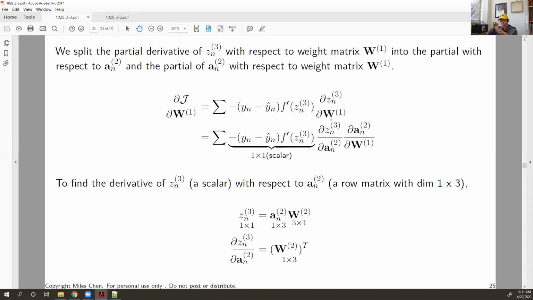So we're splitting up these derivatives here. How does Z3 change with respect to A2? Z3 is the product of A2 times W2, so its rate of change is W2. But in order for the dimensions to be correct, because A2 is a 1 by 3, we take the transpose of this.